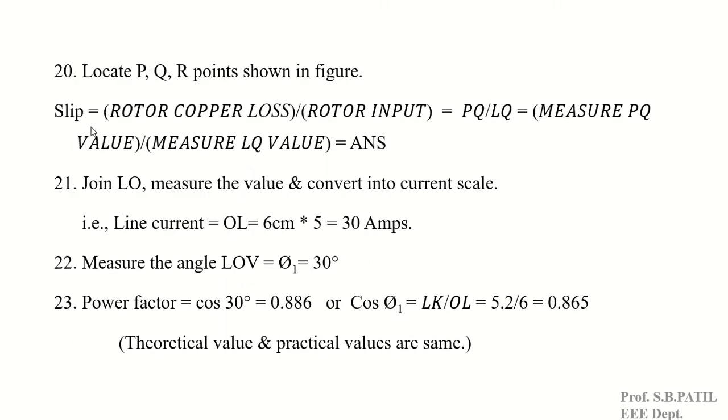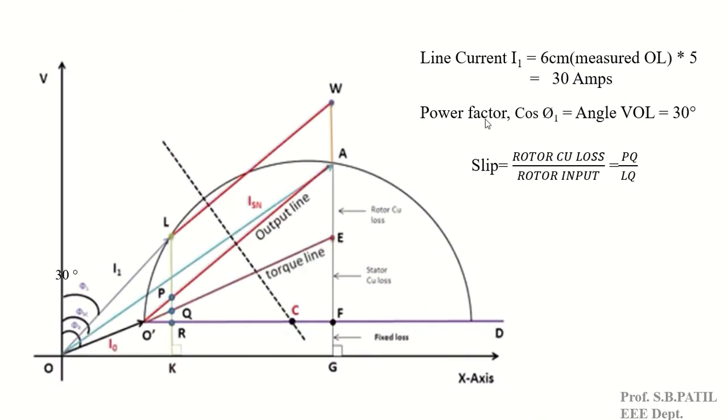Okay, next calculate the slip and line current and the angle. Here line current, that is join this OL, and this is the line current.